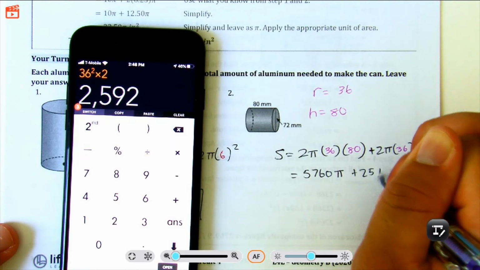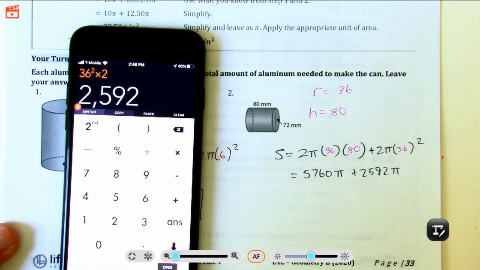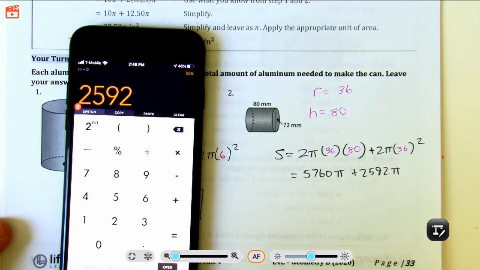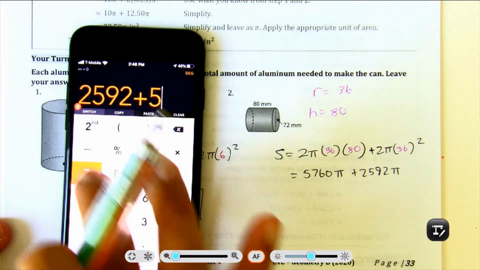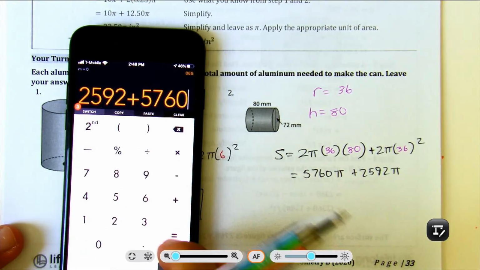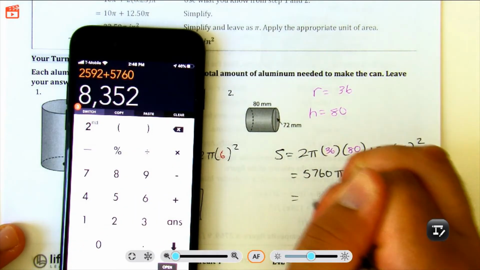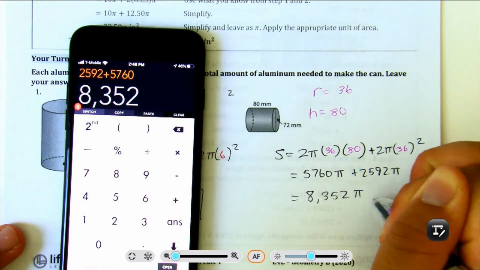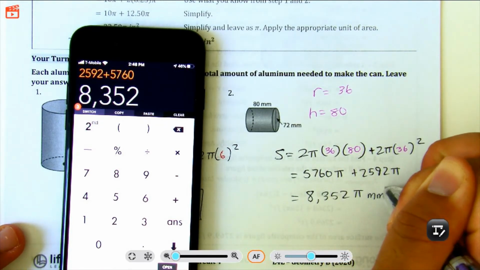And then when we add these two numbers, 2,592 plus 5,760 ends up being 8,352 pi millimeters squared. That is our surface area.